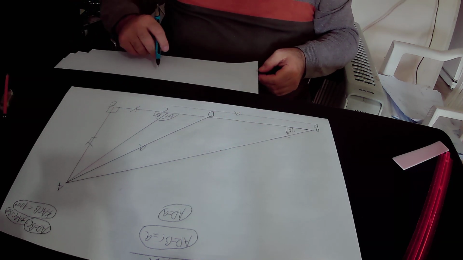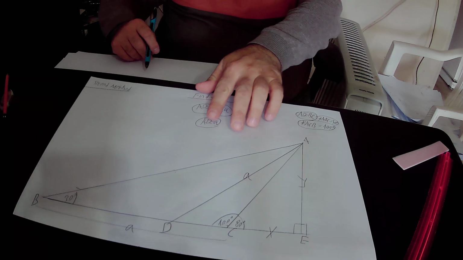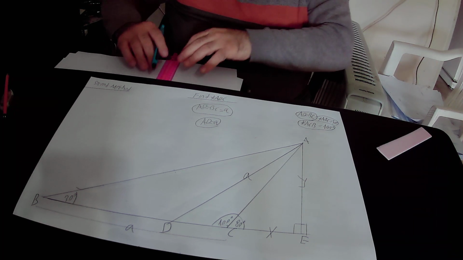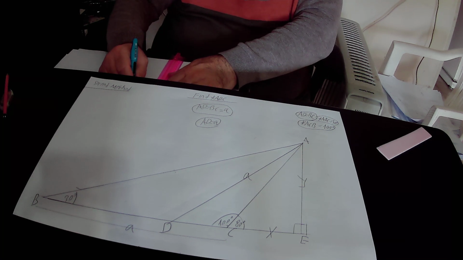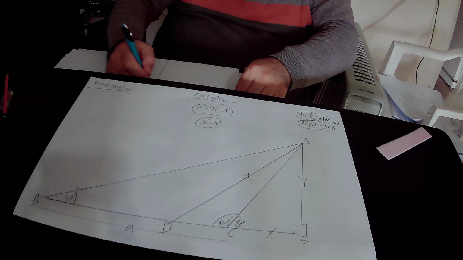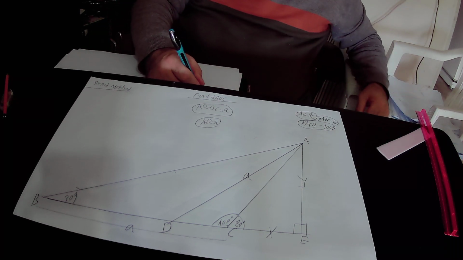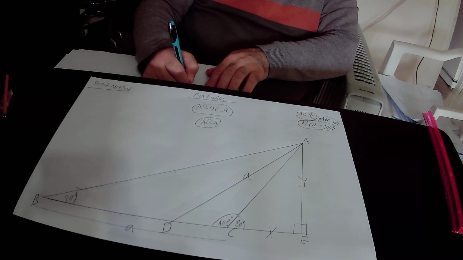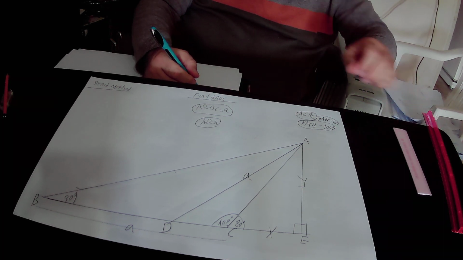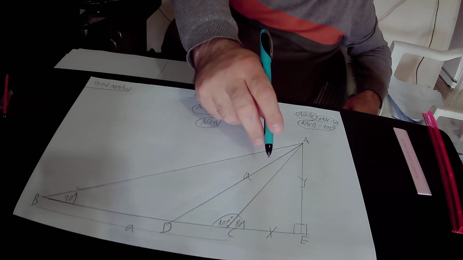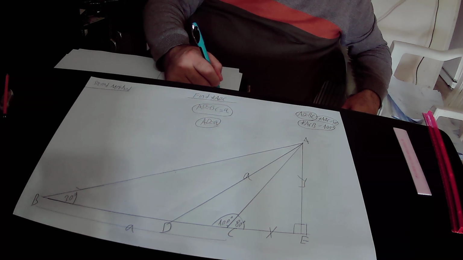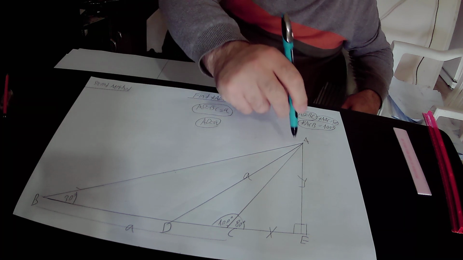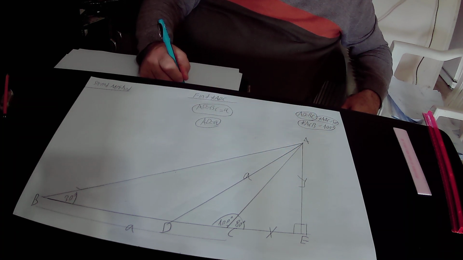In the next step, we will focus on the right triangle ACE. In the right triangle ACE, tangent 80 degrees equals AE over CE.